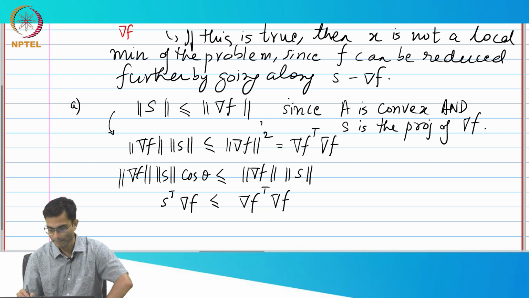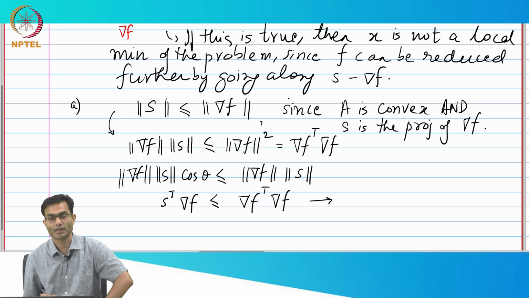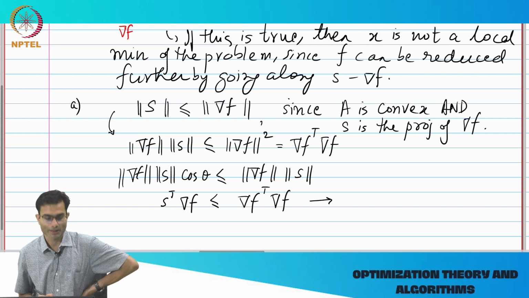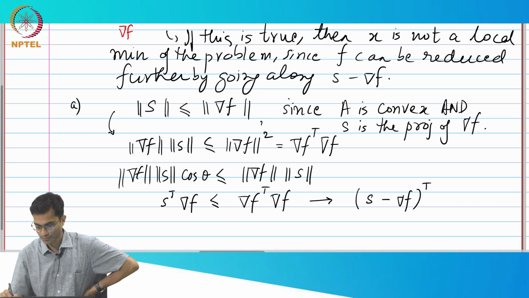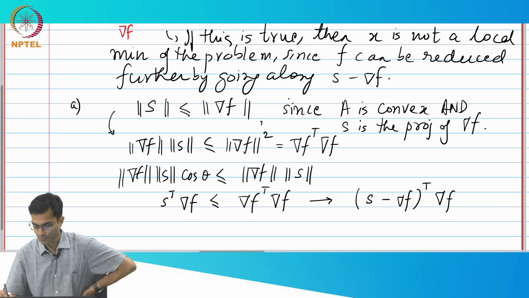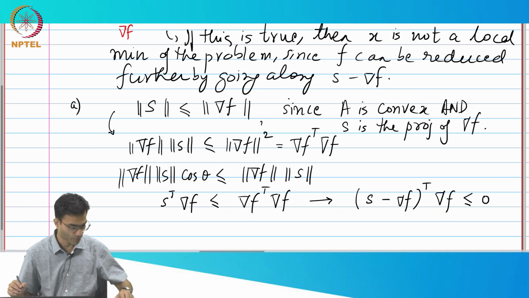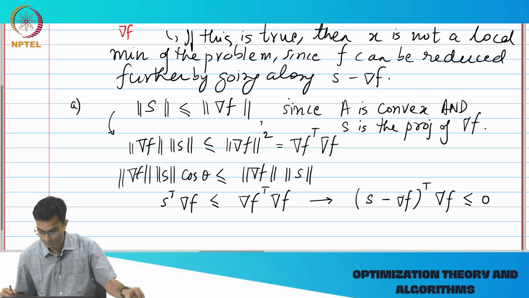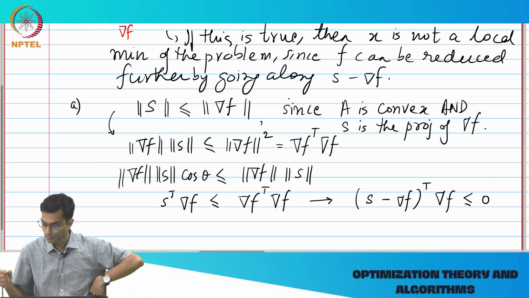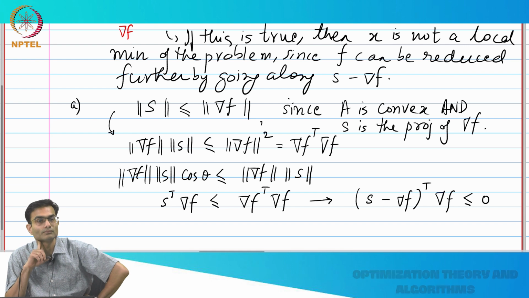So can I combine this now? I can take grad f common. What will I be left with? S minus grad f transpose grad f is less than or equal to 0. What does that imply?